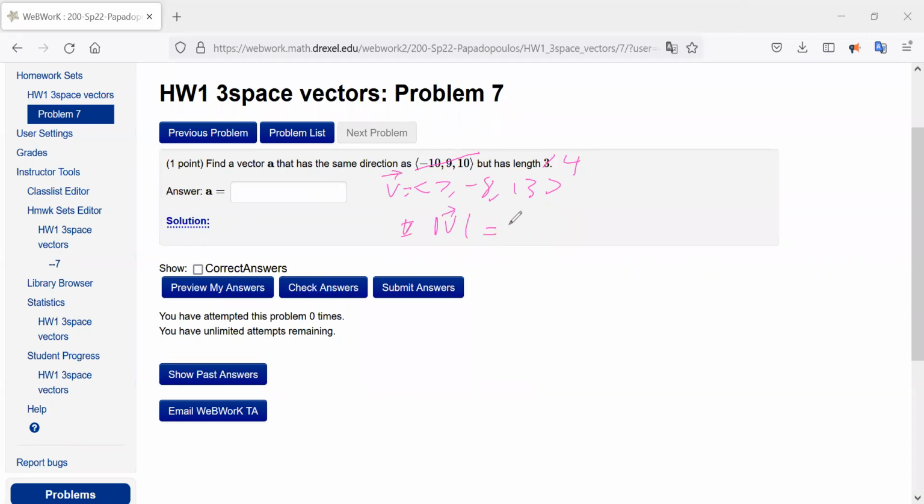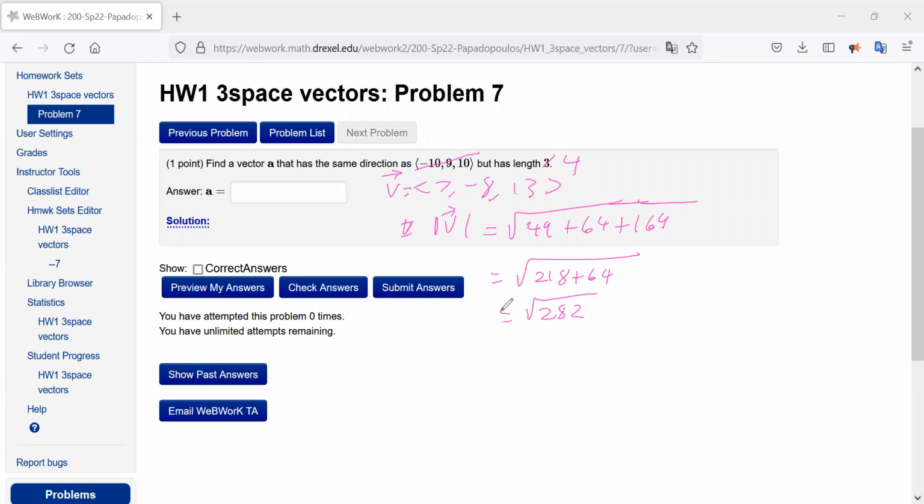That's going to be equal to the square root of 49 plus 64 plus 169. Let's figure out what that is. 49 plus 169 becomes 218, plus 64 gives us the square root of 282. So that is our magnitude.